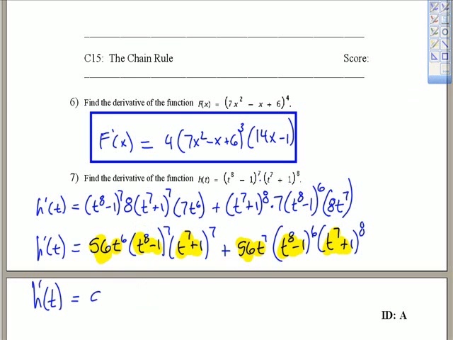So let's see, 56 is common, t to the 6th, t to the 7th. I can take out a t to the 6th. t to the 8th minus 1. I have a 7th power and a 6th power. I should be able to take the 6th power out. And t to the 7th plus 1. I have a 7th power and an 8th power. I should be able to take the 7th power out. Let's see what's left when we do that.